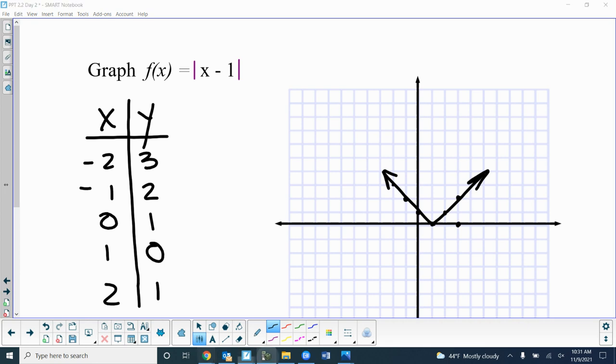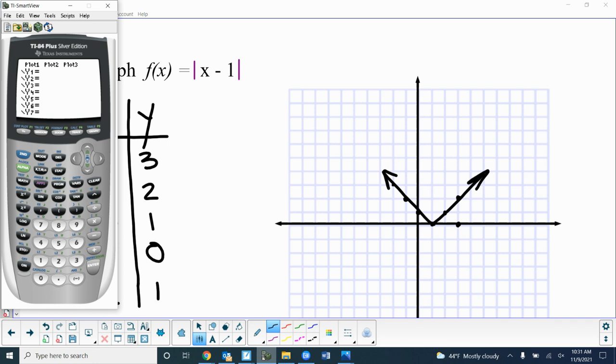You guys remember where it is on your calculator, absolute value? Yeah, it's in math, then what? Number, good. So if I want to graph that absolute value equation, you go to your y equals, then you go to math, and then move over 1 to number, NUM.